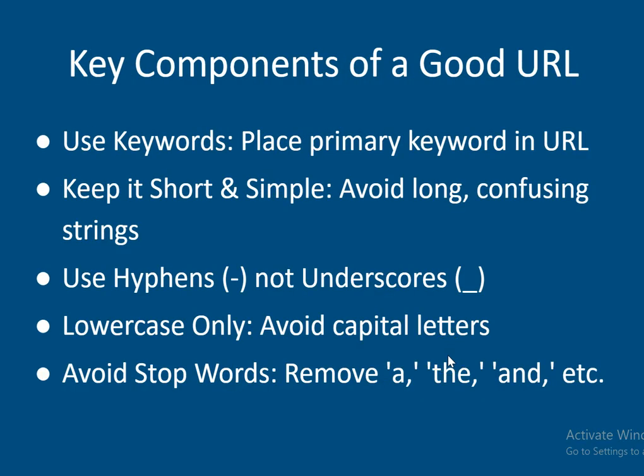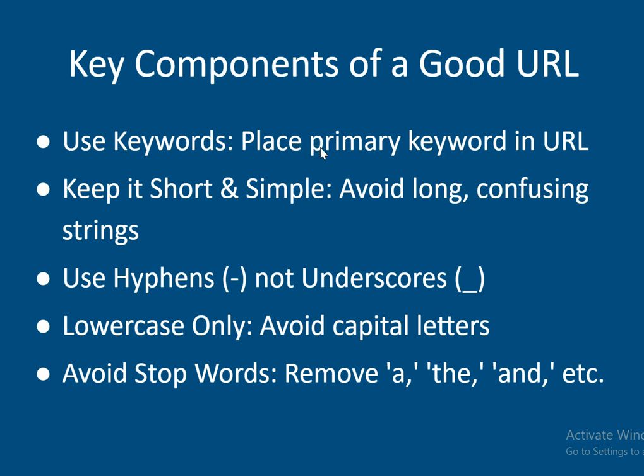so let's move into the key components that make up a good SEO-friendly URL. These are some of the key components. We'll see them one by one. First, use keywords wisely. Always place your primary keyword in the URL.